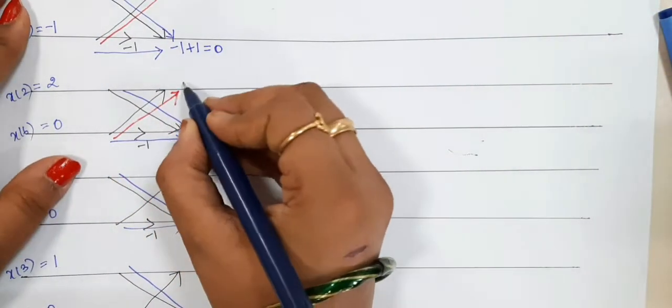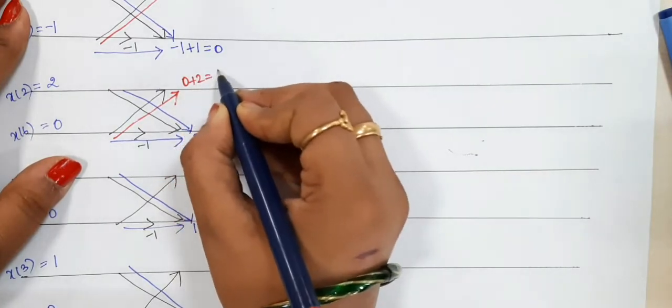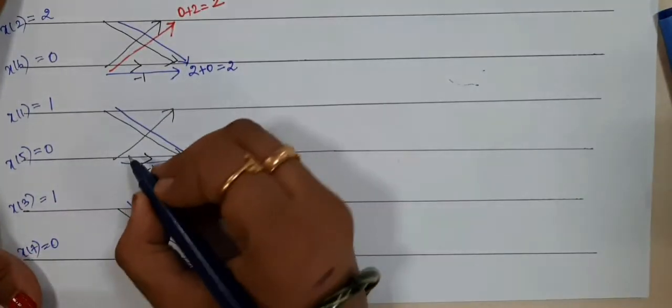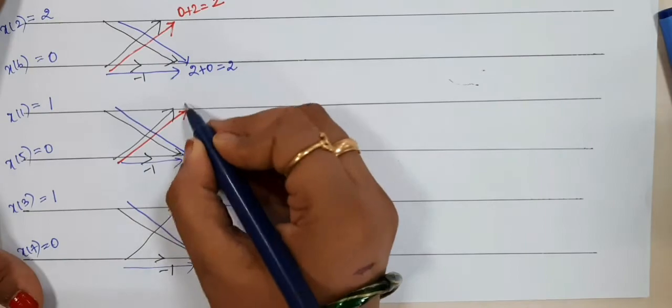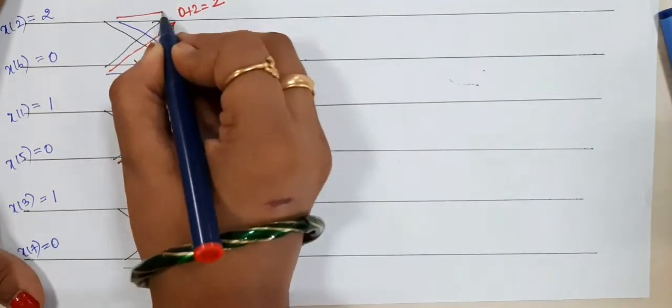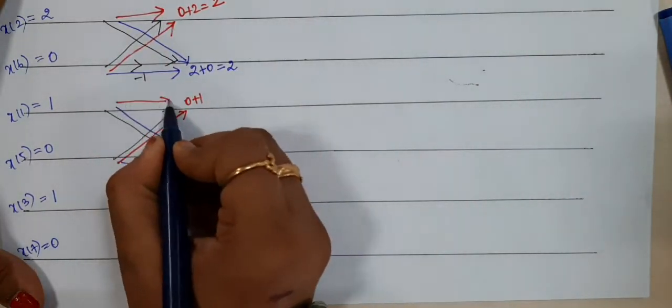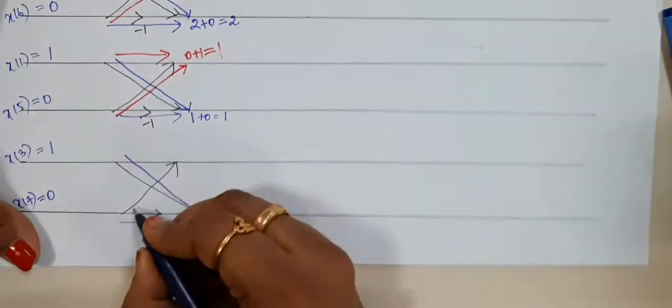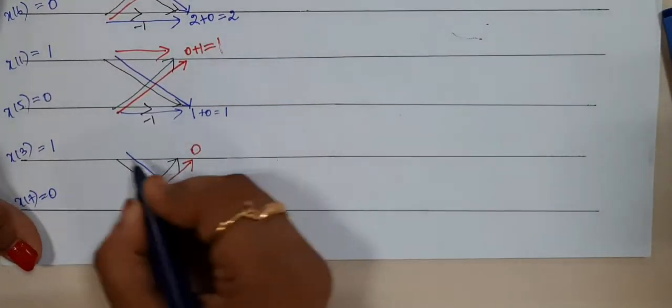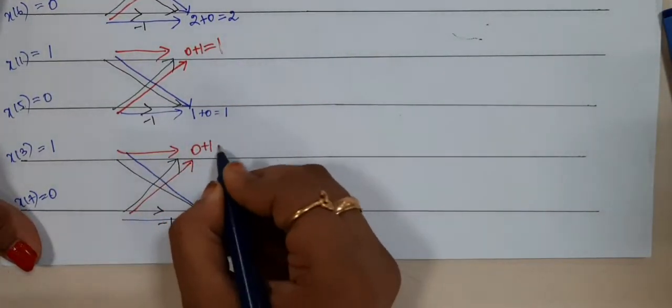Then up arrow: 0 plus 2 will be 2. Here also up arrow, 0 plus 1 will be 1. And here also up arrow, 0 plus 1 will be 1.